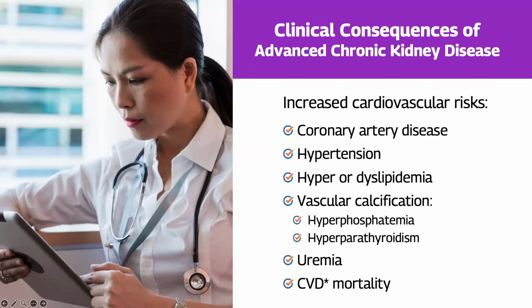In addition, uremia is believed to confer non-traditional cardiovascular disease risk through a pro-inflammatory state and a dysregulation of calcification inhibitors and inducers. So cardiovascular disease mortality is 10 to 30 times greater in this CKD population than in the general population, and it's also believed to be a result of CKD mineral bone disease.